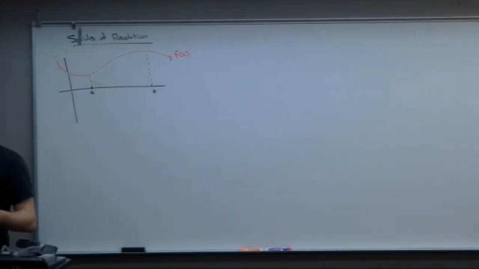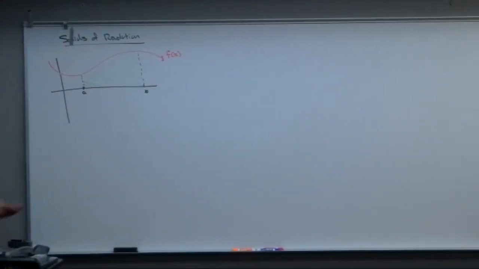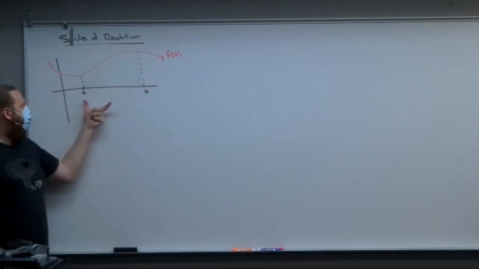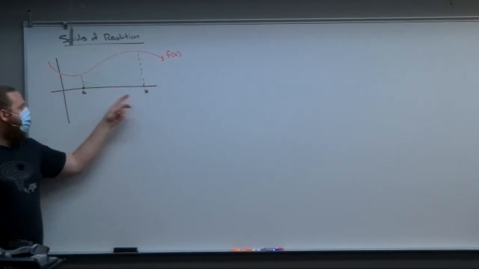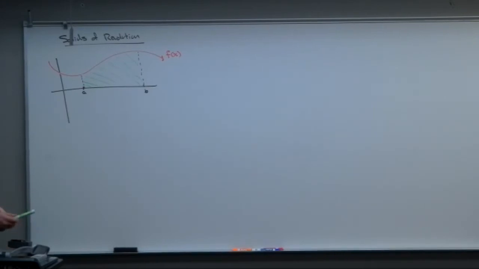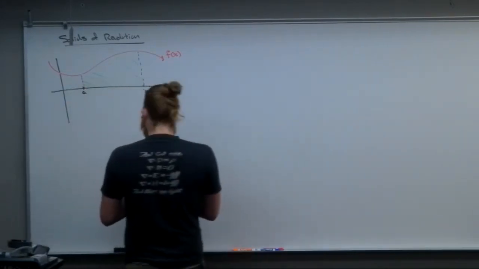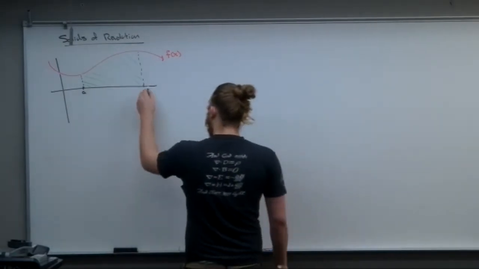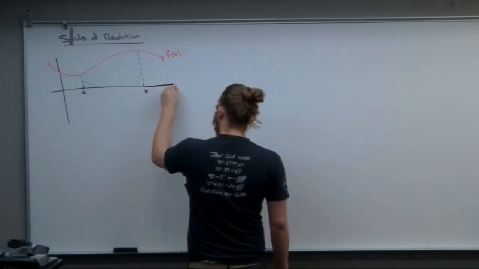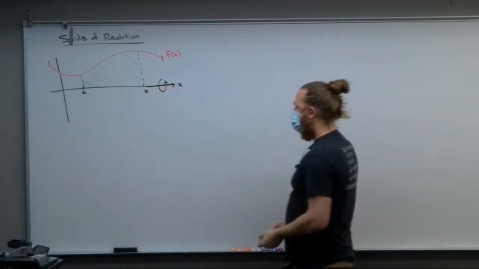Okay, so the general approach is going to be, I give you some curve and an interval from a to b, a pair of x values, and then an axis of rotation. So for now, let me assume that my axis of rotation is the x-axis. So simplest possible case.